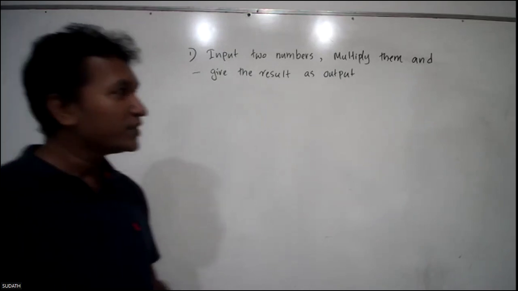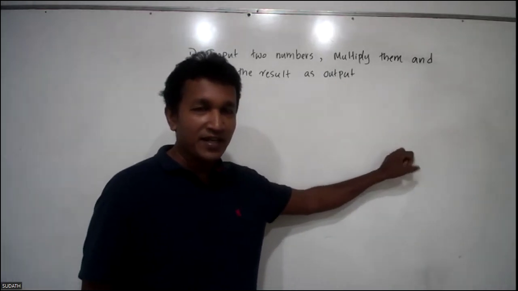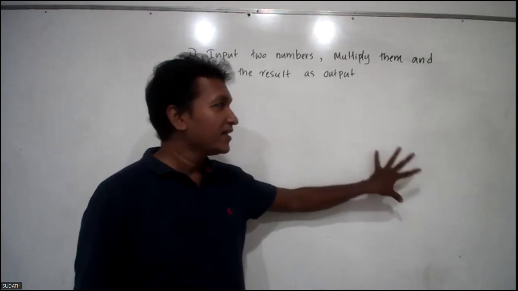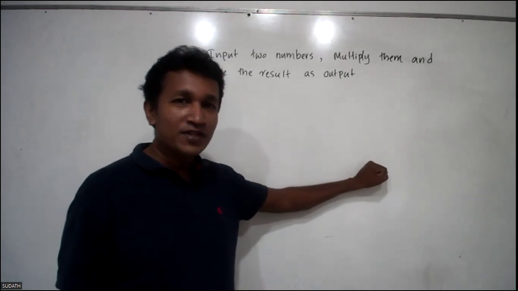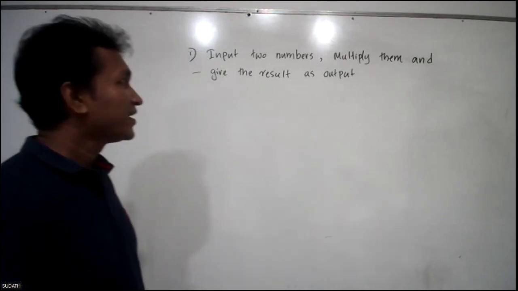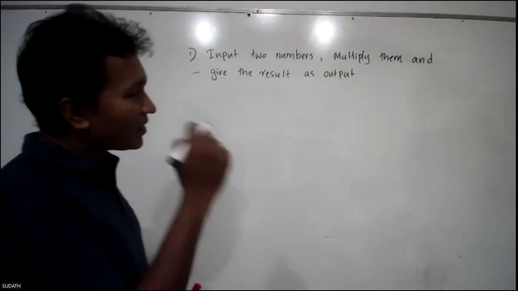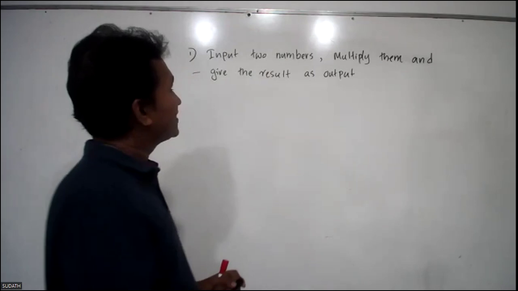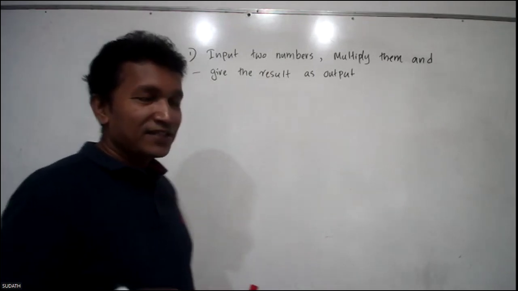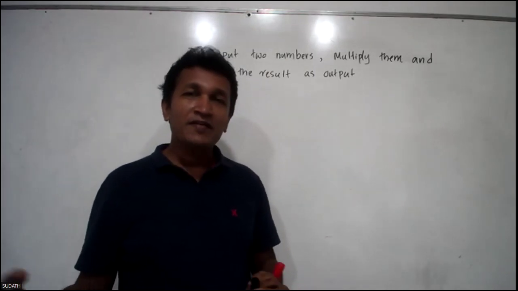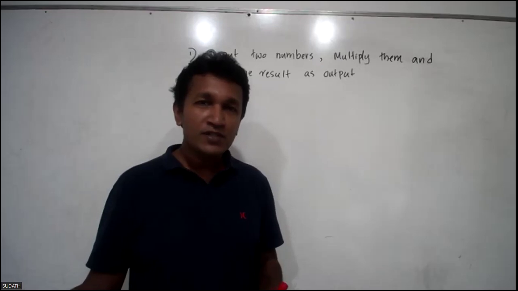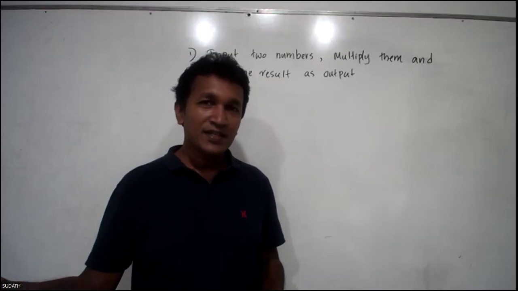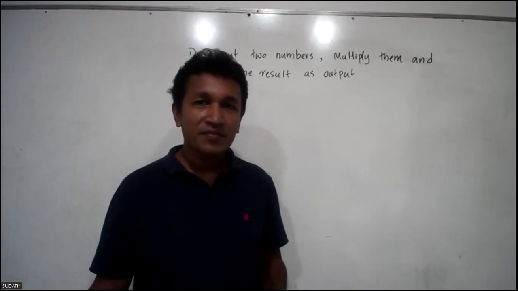Before going to Scratch programming, I'll do the flowchart for this one. So let's see how to draw it. It says input two numbers. Can you remember that when we use numbers, we have to temporarily store them to use them in our program?